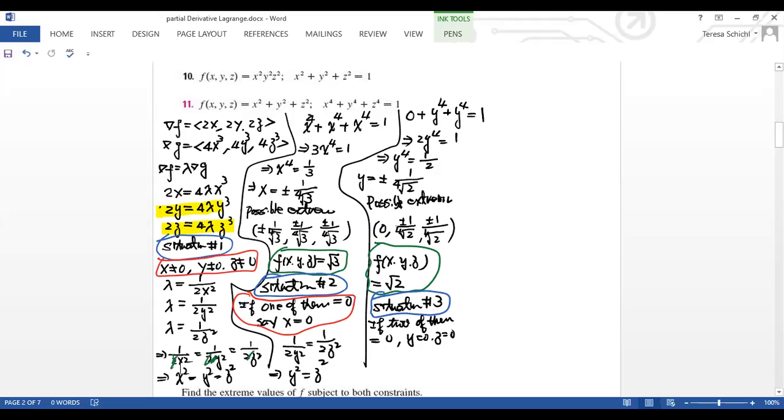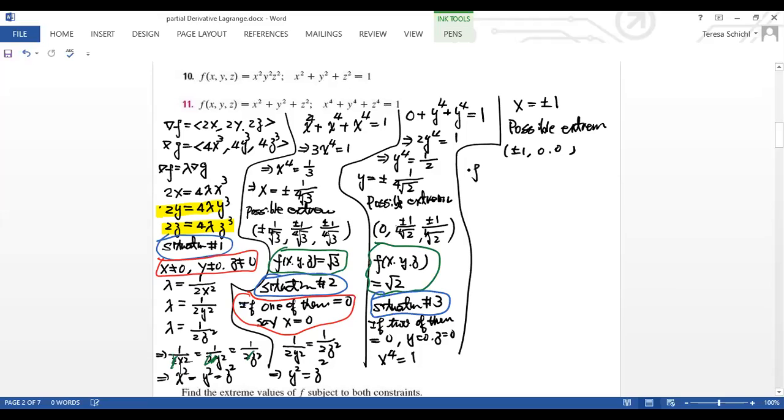If y equal to 0 and z equal to 0, what is my constraint here? My constraint will give me x to the fourth equal to 1, x equal to what? So my x will be plus or minus 1. So what is my possible extrema? It will be plus minus 1, 0, 0.